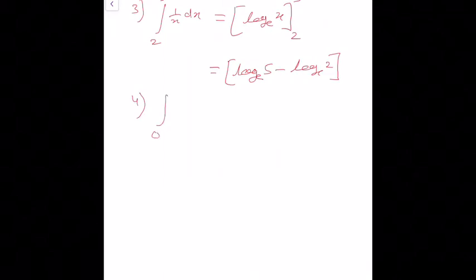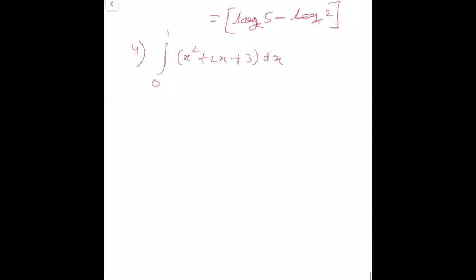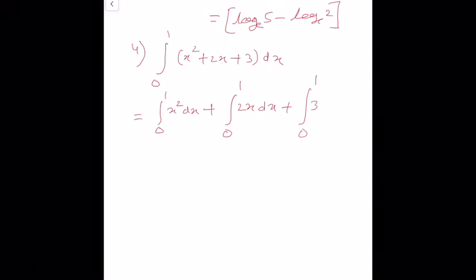Suppose limit from 0 to 1, x square plus 2x plus 3 dx. In this integration, 0 to 1 x square dx plus 0 to 1 2x dx plus 0 to 1 3 dx.